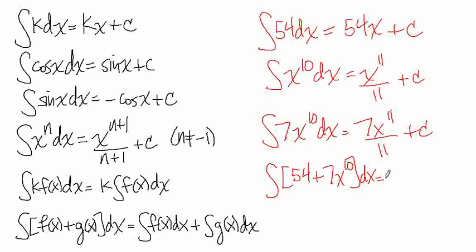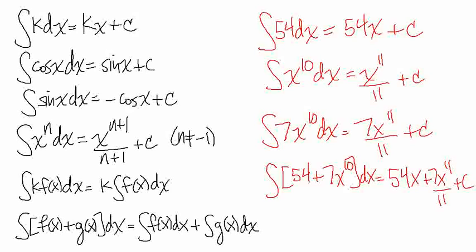Okay? So in order to answer this fourth red antiderivative problem, I'm simply going to combine the old two answers. So 54x plus 7x to the 11 divided by 11 plus the constant of integration. All right?